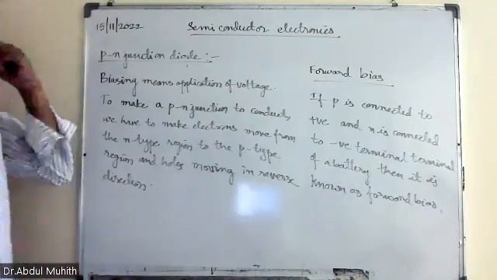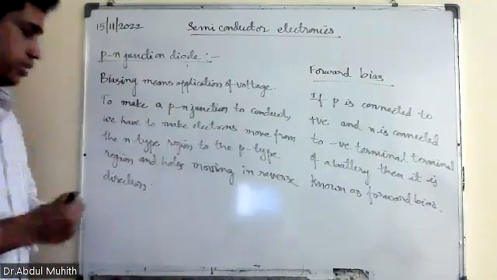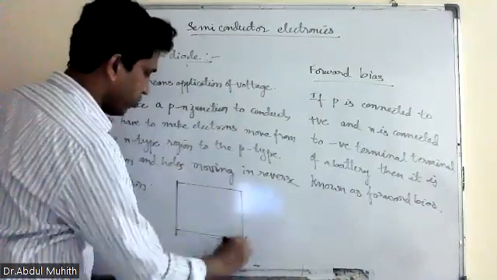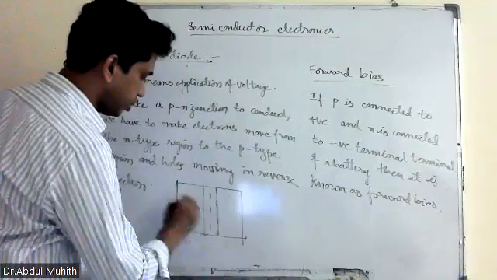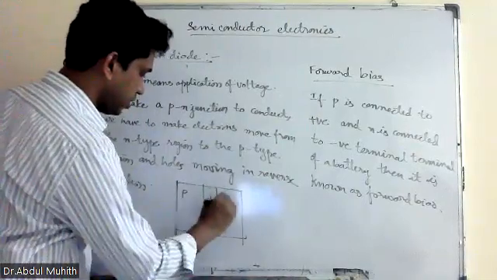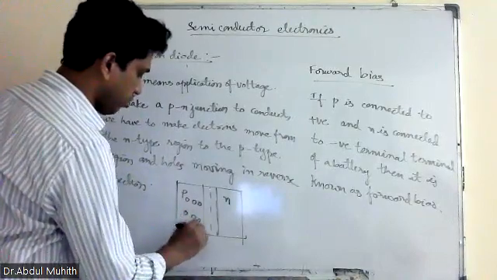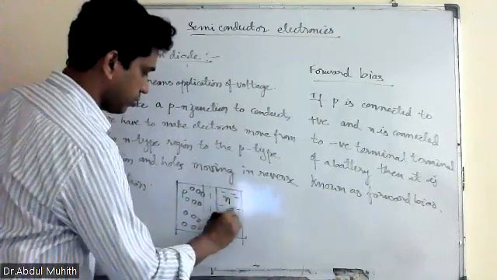Once again, quickly see here, in the PN junction, what will happen? If you draw a PN junction diode, this is P-type, this is N-type. Here all are holes, and here all are electrons.